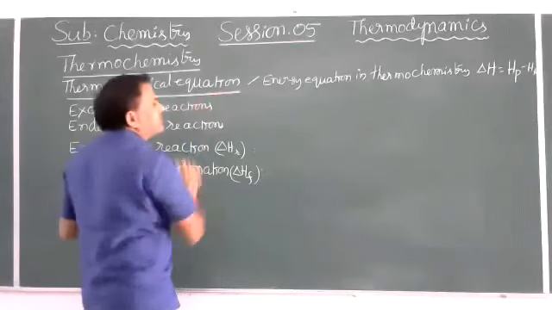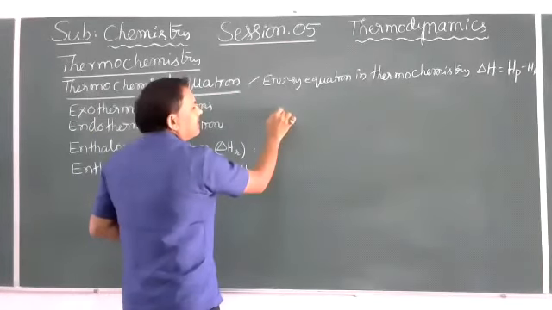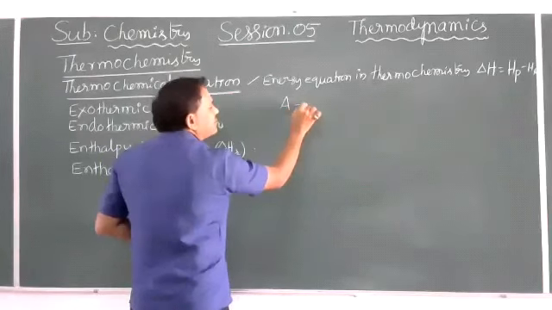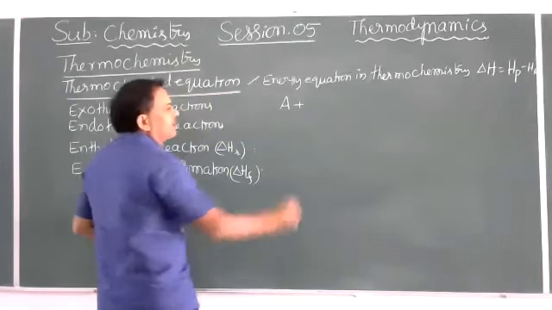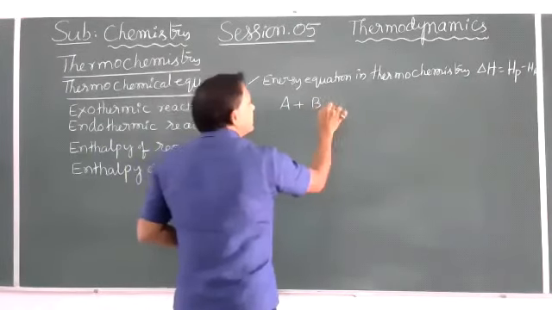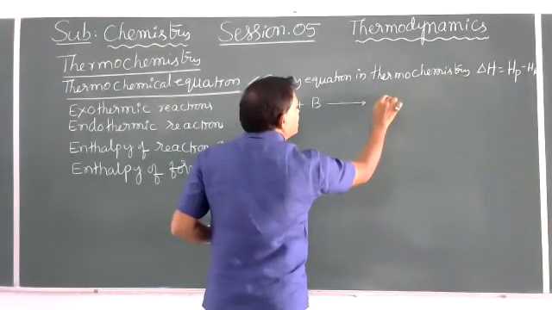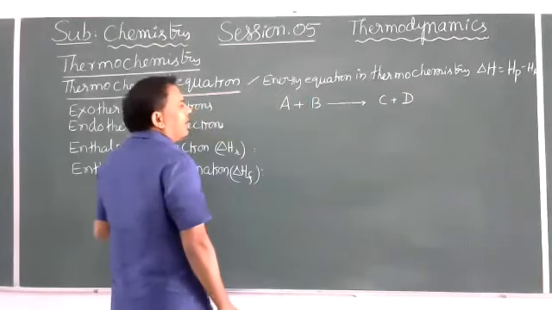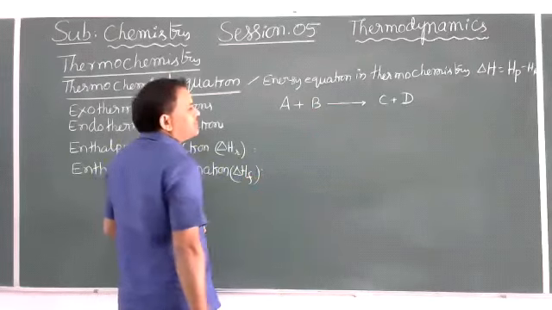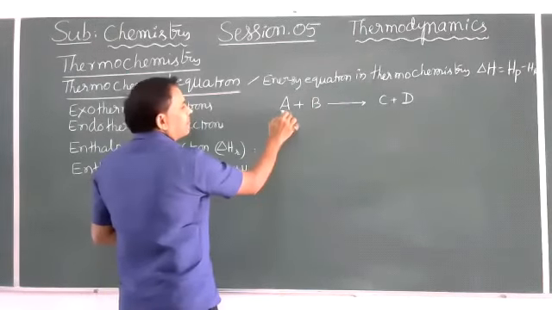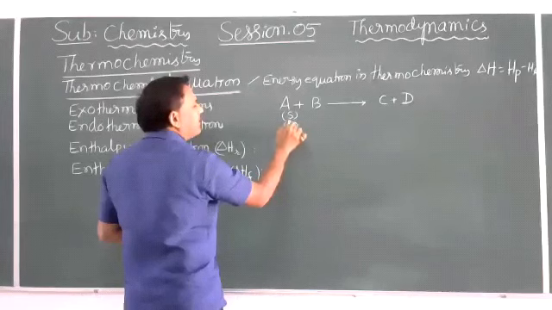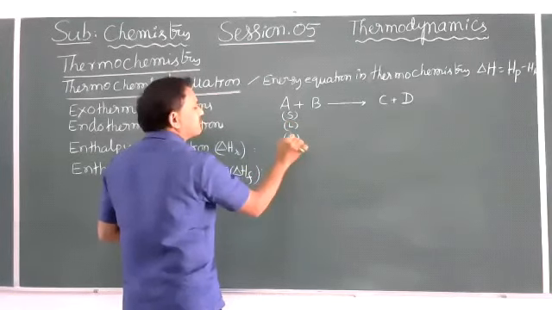What does a chemical equation indicate? It indicates the energy changes and also the physical state of the reactants and products, whether each is solid, liquid or gas.